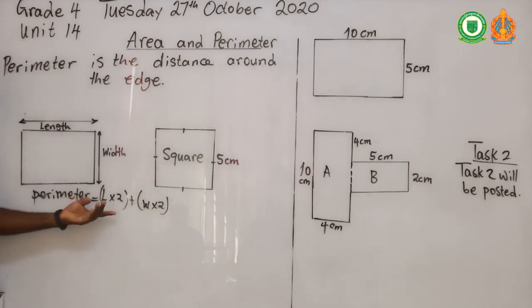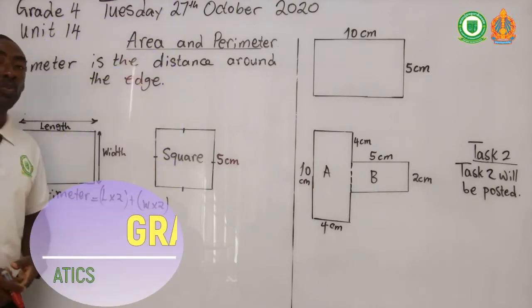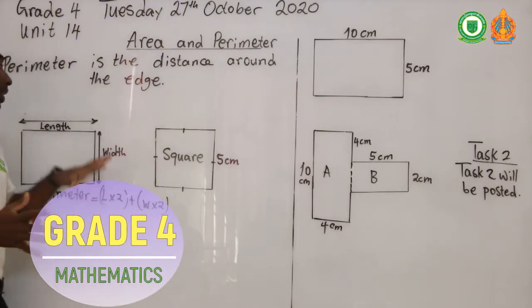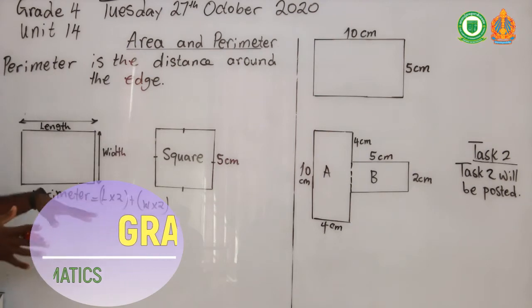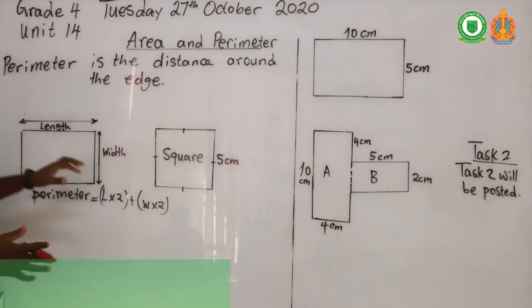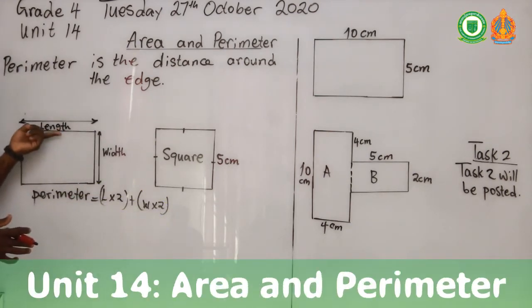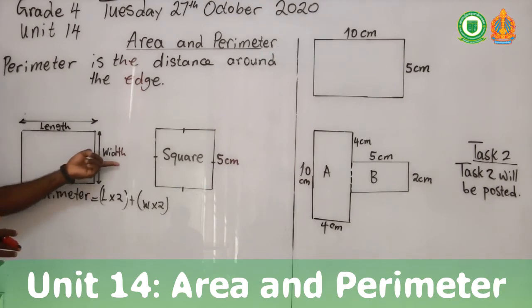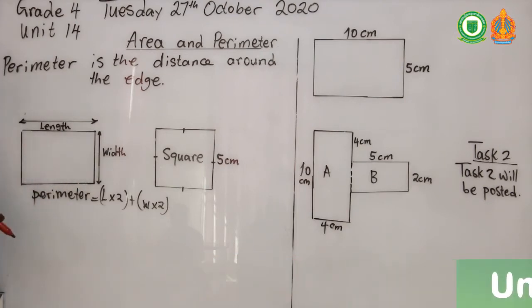So our length multiplied by 2 plus our width multiplied by 2 will give us the perimeter. Because we are using this, is that our length is 2. We have one length here and then we have another length here. Width is here and then width is also here.